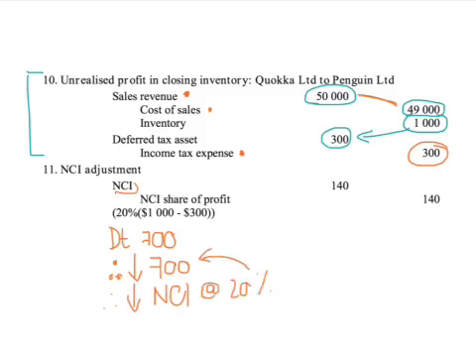So the NCI reduces at 20% of the 700, and their share of the profit is credited to show that the reduction in the NCI is reversed back to the share of the profit.